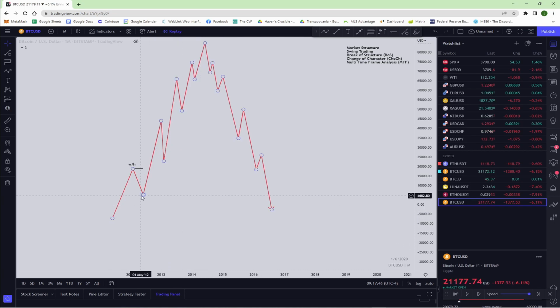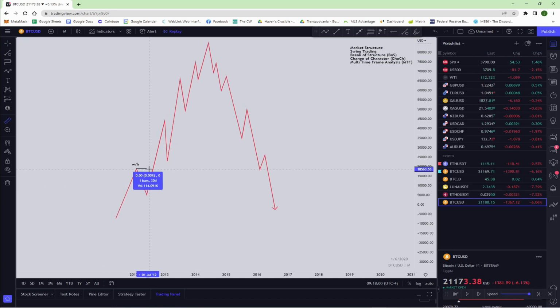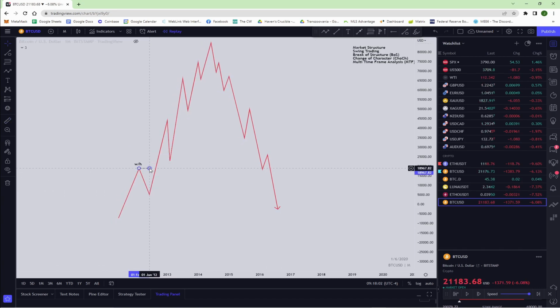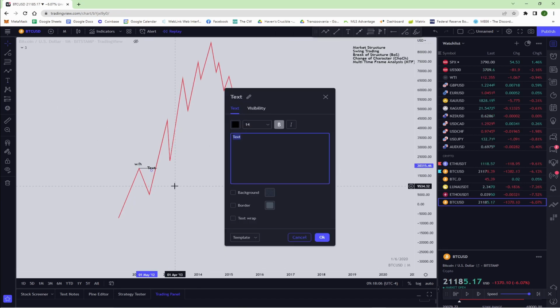However, we don't know how far back this pullback is going to go, so we don't know when to enter a long. We'll get to that later, but for now, once this pullback happens and then continues up and breaks this level, we get what's called a break of structure.